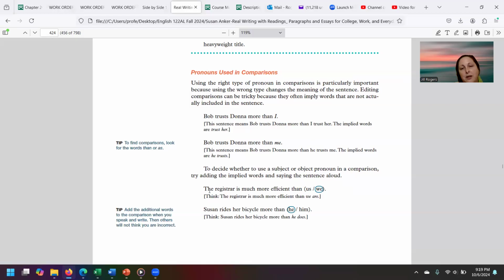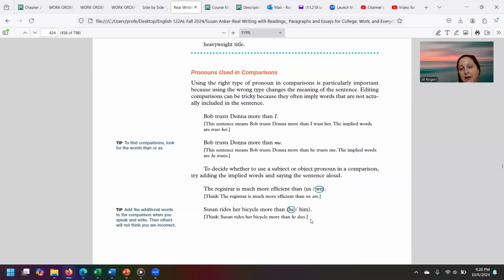So for example, the registrar is much more efficient than we are efficient, right? So in this case, it's we, because both of them are doing the action of being efficient. Susan rides her bike more than, so he rides, right?